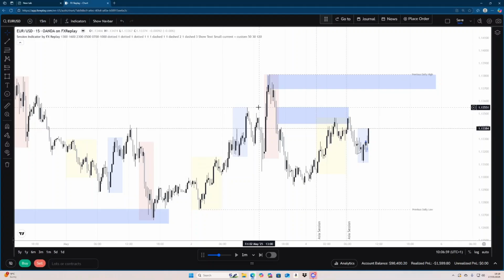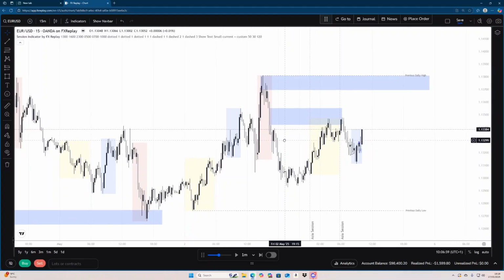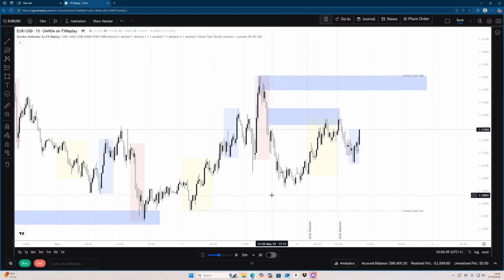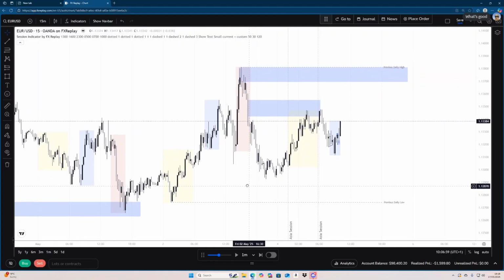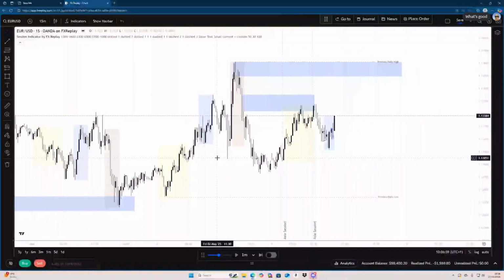I am not 100% sure, but it looked like a smart money trap. That's why I'm thinking now the price wants to trap early sellers firstly, and then the price will hit this POI, this supply first.